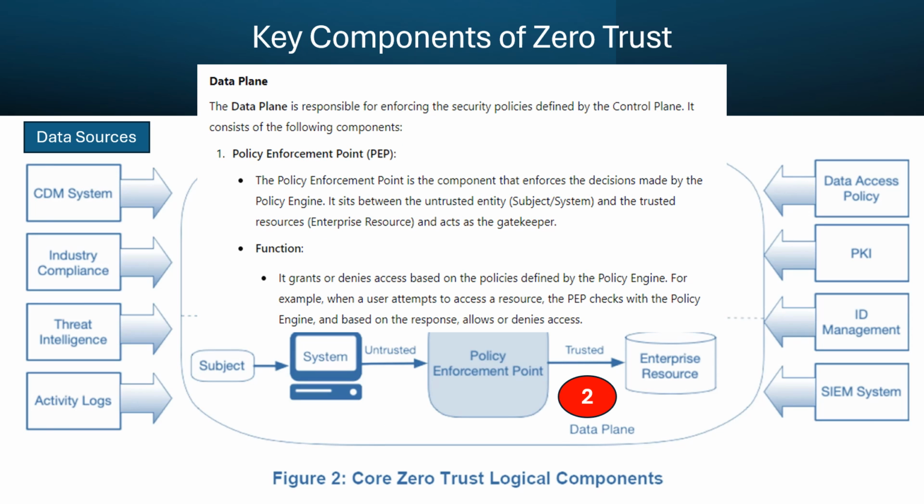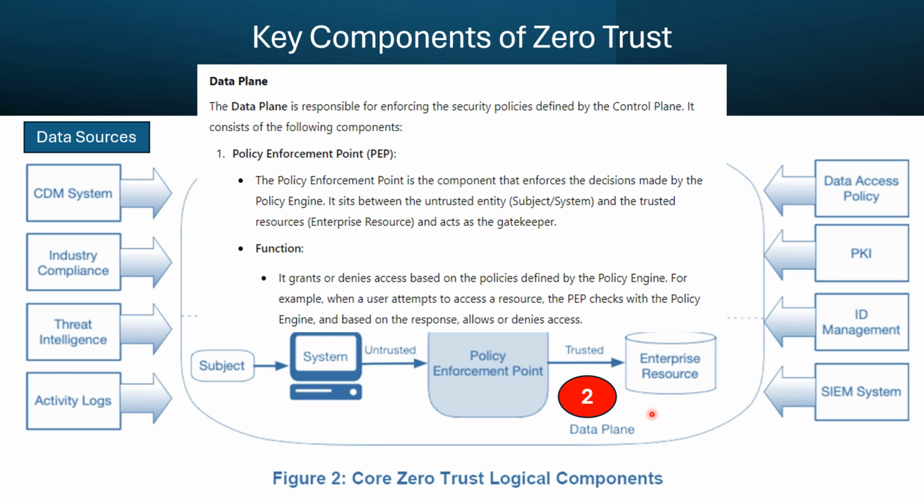Let's now take a look at the second major component of Zero Trust, which is the data plane. The data plane is responsible for enforcing the security policies defined by the control plane. It consists of the following components. One, the policy enforcement point, PEP, as we discussed before.